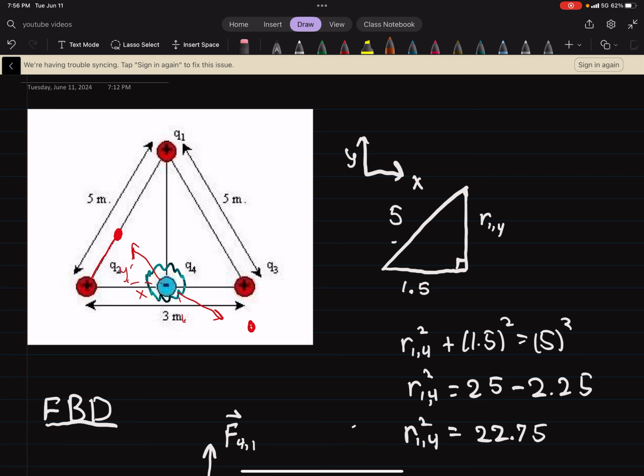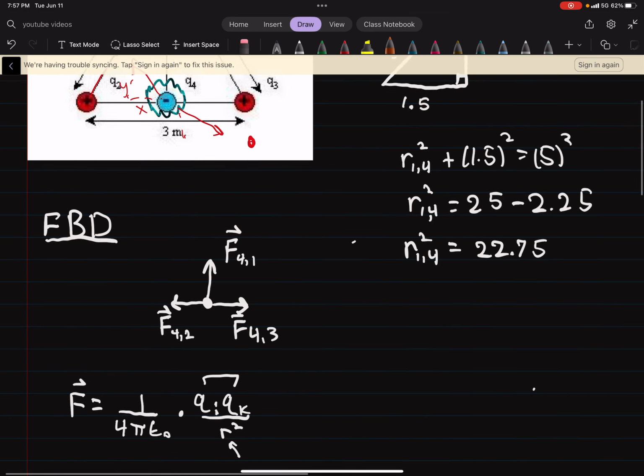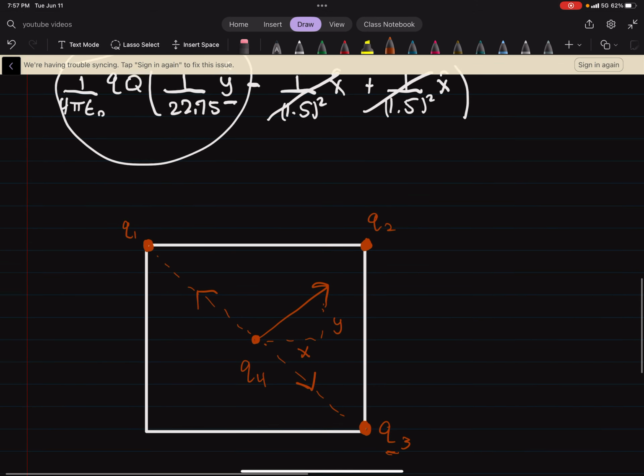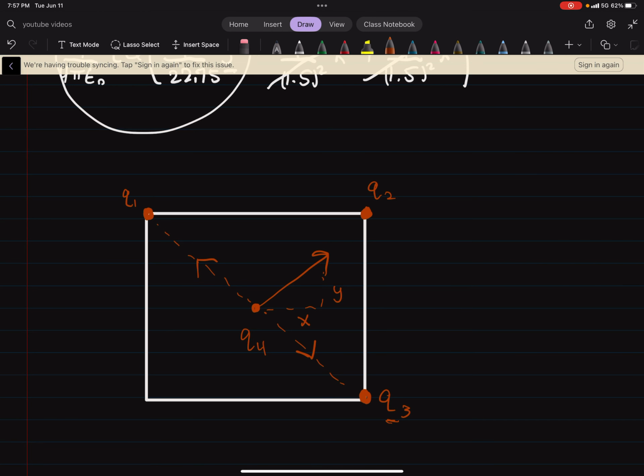They can be in any place, but we use a triangle for convenience. So I'm not sure if he means like the charges could be moved up and down the triangle, or even, which is what I think he means, you might not even have a triangle. You could have like a square or a rectangle or a circle or something.